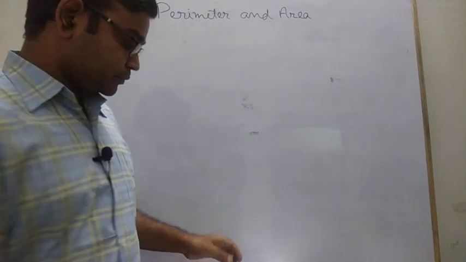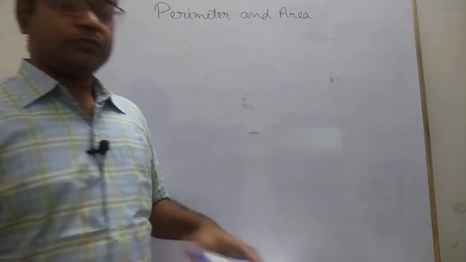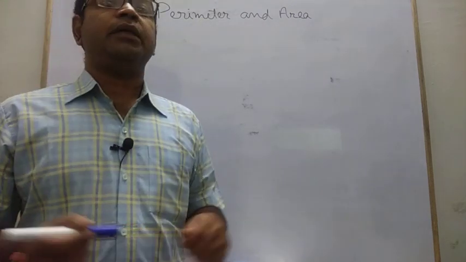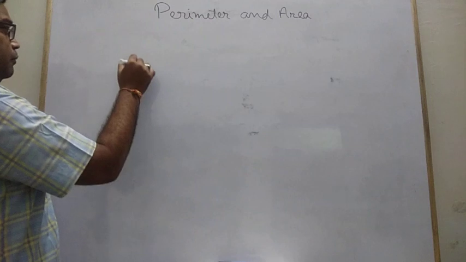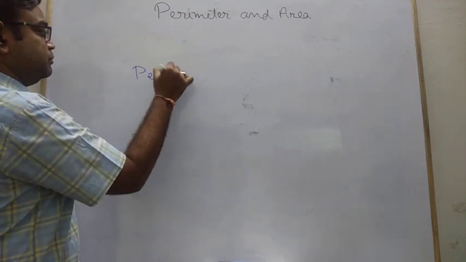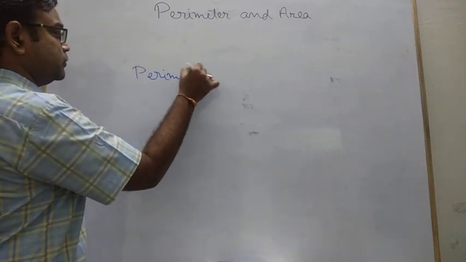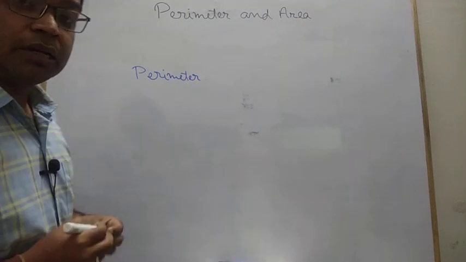Okay, let's start. As we know, what is a perimeter? Perimeter is a boundary. Perimeter means the boundary of the geometrical figure.